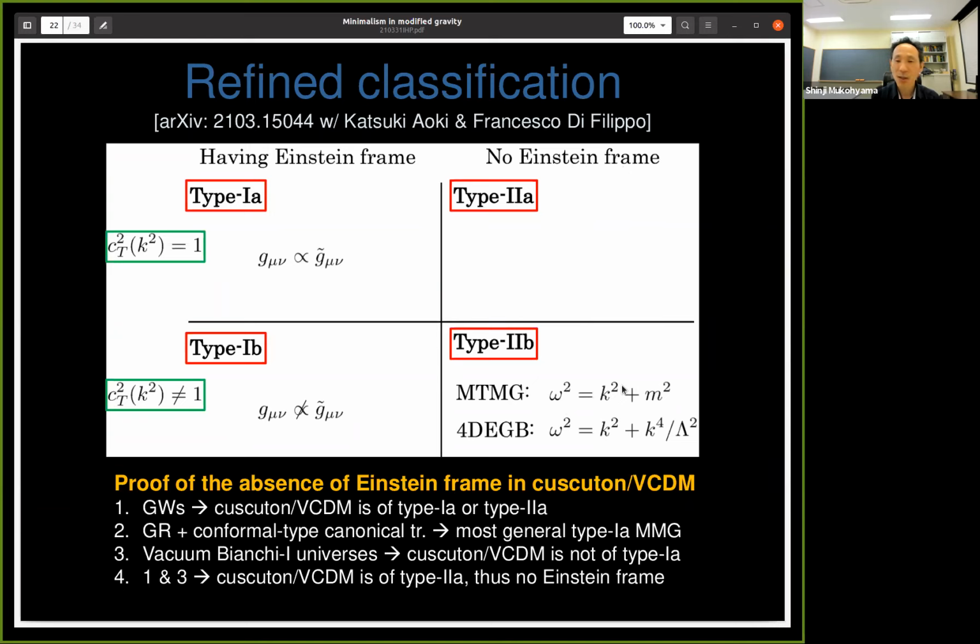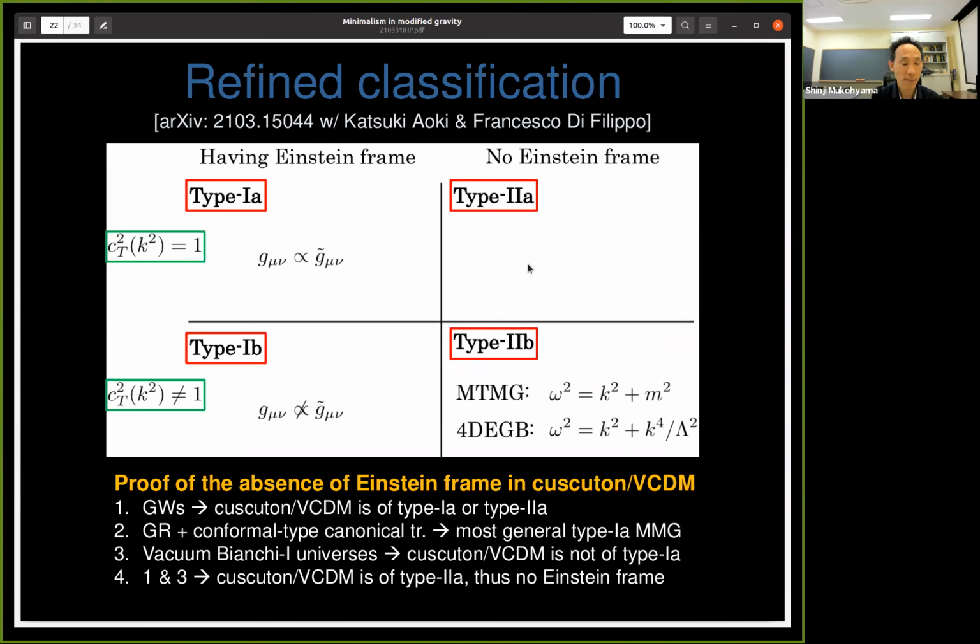The proof is very easy, but probably I don't have time, so I can sketch it. We analyze the gravitational waves in this theory, and we show that the speed of gravitational waves is 1. So this is type 1A or type 2A.